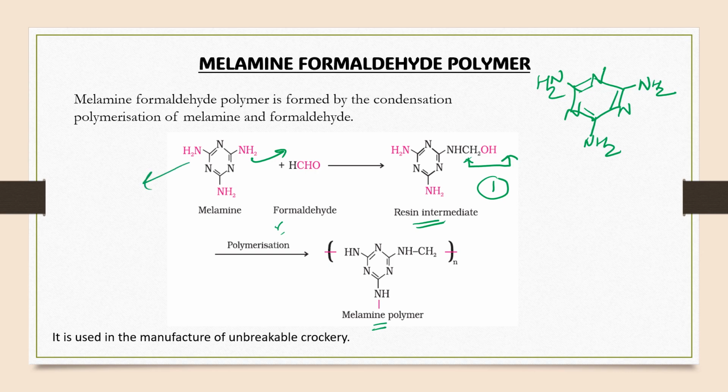This hydrogen will go, here also hydrogen will go, and this OH will go. So this is free valency and n is the number of moles. So this is melamine formaldehyde. This is used in the manufacture of unbreakable crockery. So this is about melamine formaldehyde polymer.